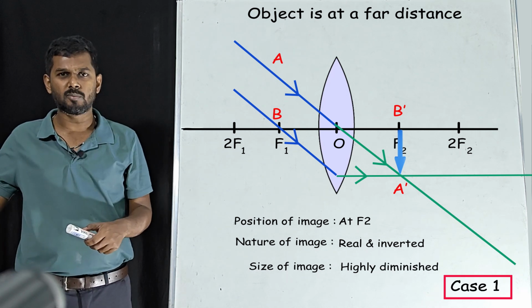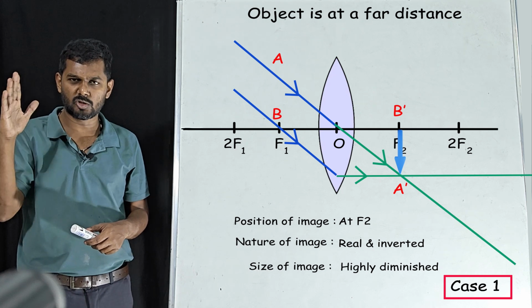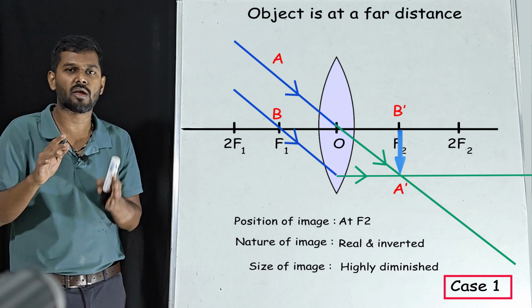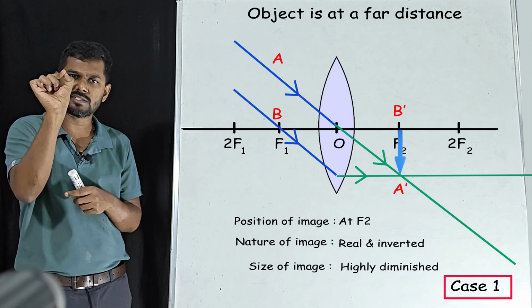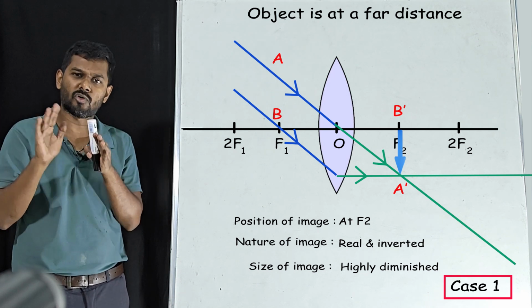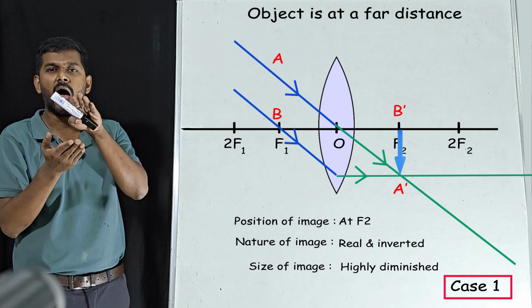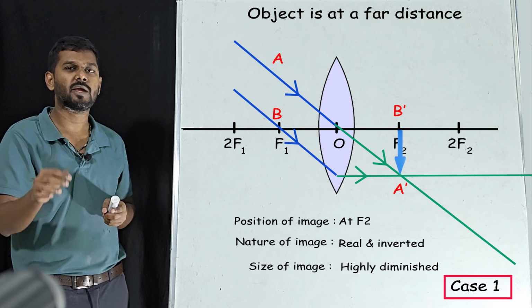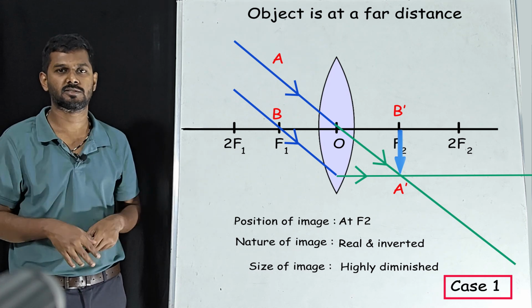See, as the object is coming near to the lens, the size of the image will keep on growing. So initially it was point size when it was at infinity. Now it is too far, not at infinity, so it is highly diminished, only this big. So the size of the image is highly diminished.